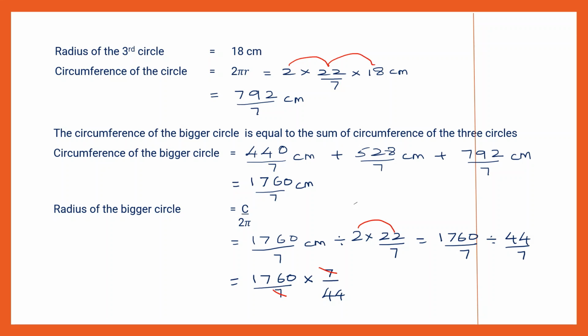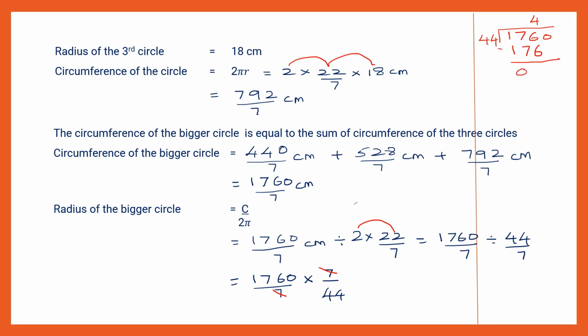So now let's divide 1760 by 44. So 1760, let's divide it by 44. Now 44 into 4. Let's see what 44 into 4 is. 4 fours are 16, carry 1. 4 fours are 16 plus 1, 17. So we've got this 176. Now let's minus.